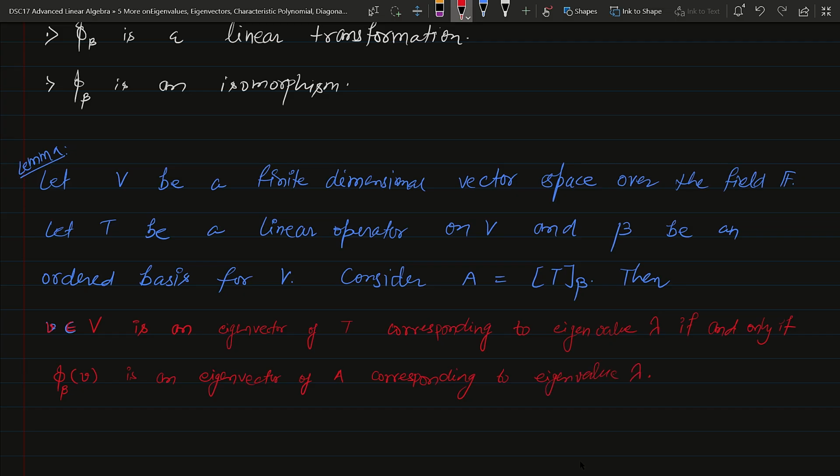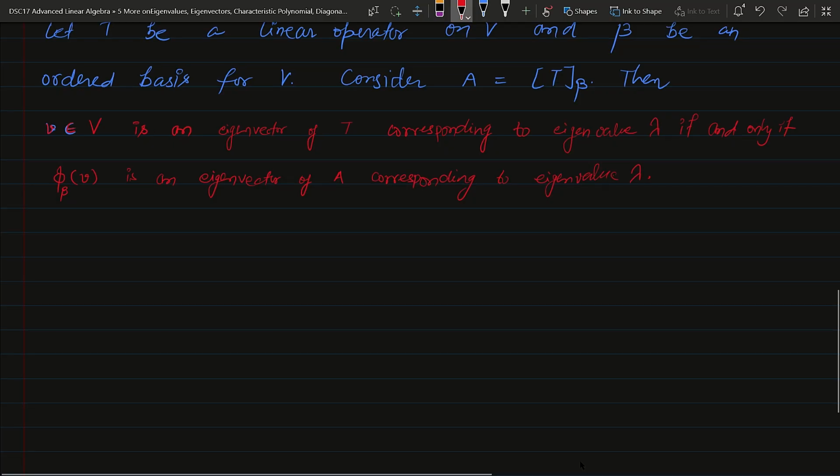Okay, so let us understand this statement in a clearer way. Suppose we have T, then we can talk about its matrix representation under this beta. Suppose we are calling this matrix A, and suppose we have eigenvalue lambda, and corresponding to this eigenvalue lambda, we have eigenvector v.